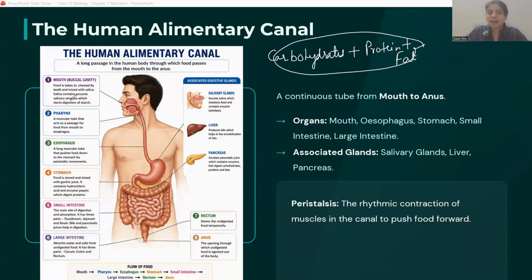Saliva contains an enzyme called salivary amylase. Digestion of starch starts in the mouth itself, because with the help of the salivary glands, saliva is secreted, which contains the enzyme alpha amylase.